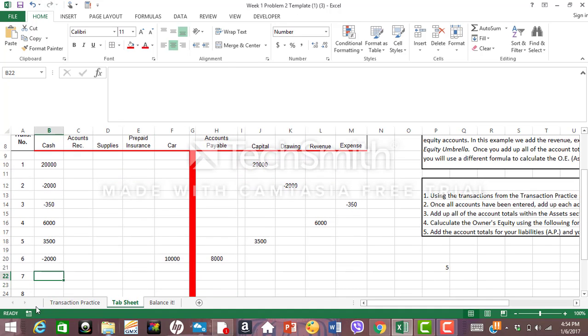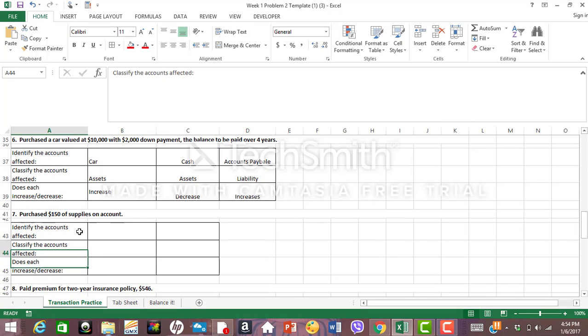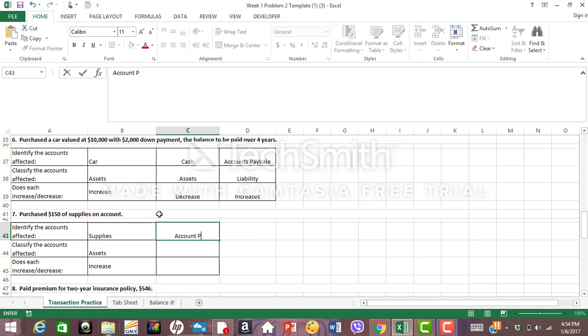And then we have transaction 7. Transaction 7 says purchase $150 of supplies on account. So we automatically know that supplies is getting affected, which is a part of assets, and it increases obviously because we're getting more supplies, and they're paying on account, which means that accounts payable increases, which is under a liability.